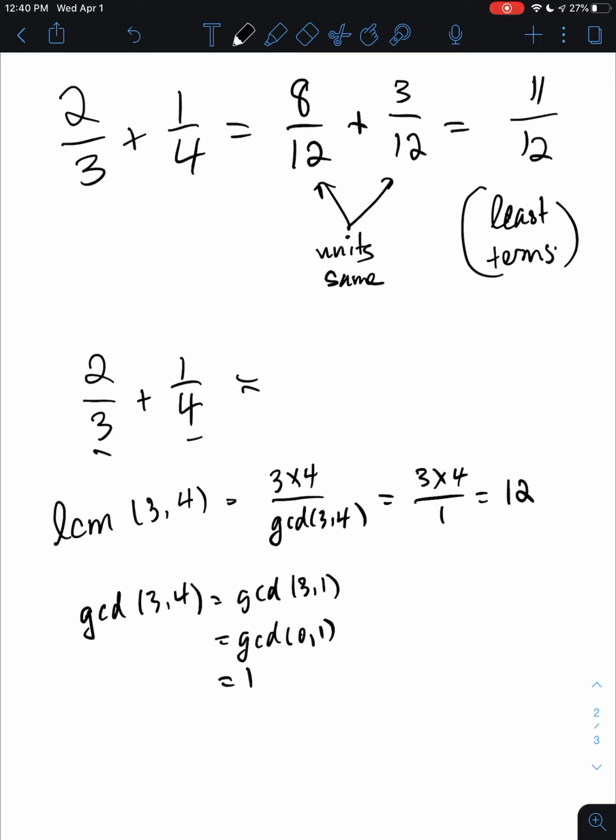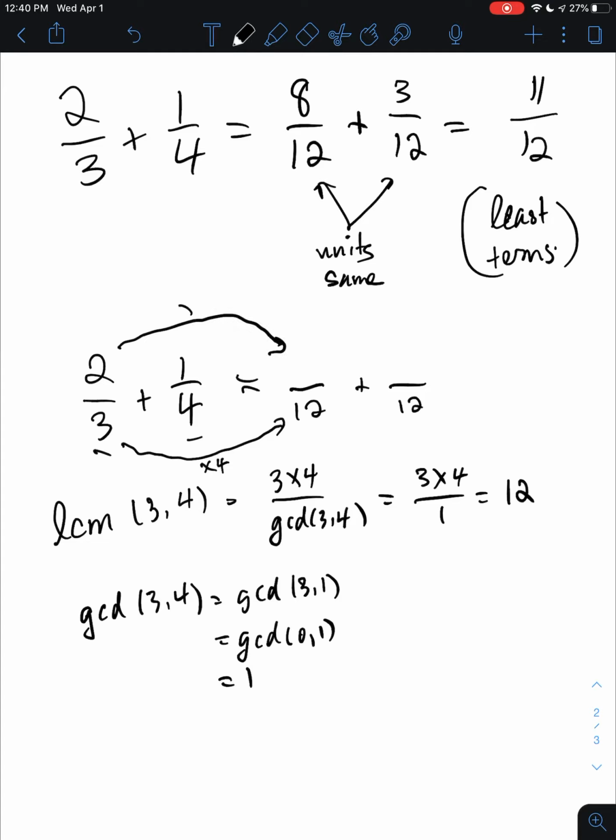So we know that both fractions are going to be 12ths, and now I have to figure out, let me see, 3 times what gives 12? I had to multiply it by 4 to turn 3 into 12. So I have to do the same thing to this guy here.